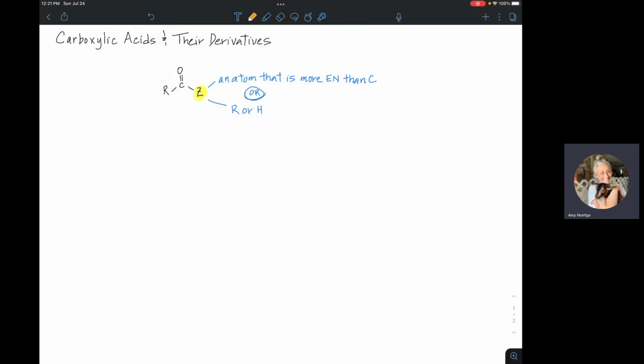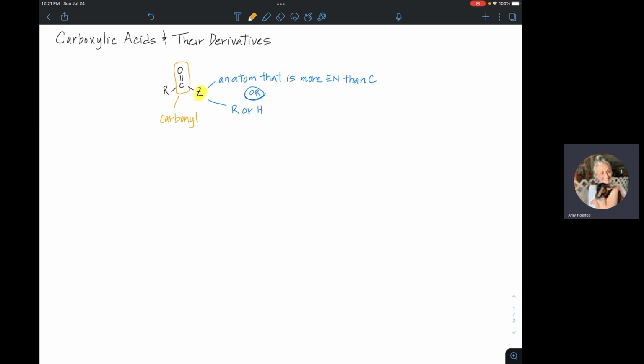And this group right here, this C double bond O, this is what we call a carbonyl. So that is a carbonyl group. The carbonyl group is one of the most important functional groups in organic chemistry. There are millions of compounds that contain them. They're abundantly ubiquitous in nature, and they play many, many important roles biologically.